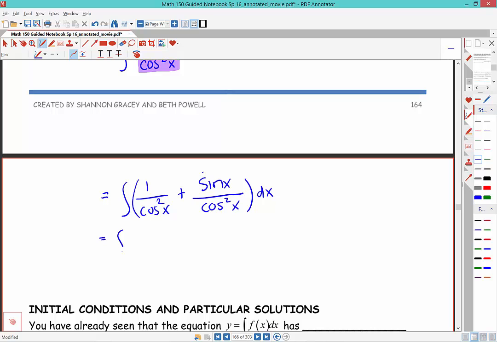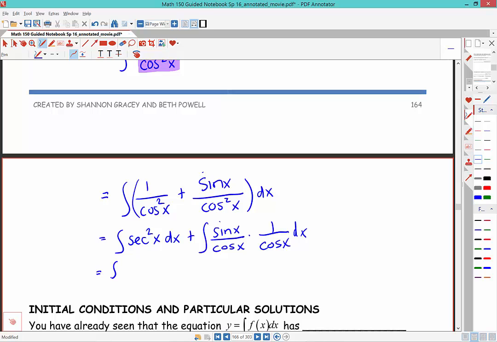So this guy, do you see, is secant squared of x with respect to x. I'm going to split that integral. And then this one, do you see, is what? The integral of sine of x over cosine of x times 1 over cosine of x dx. With me so far? Awesome.